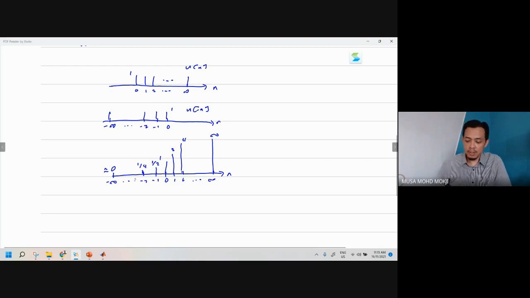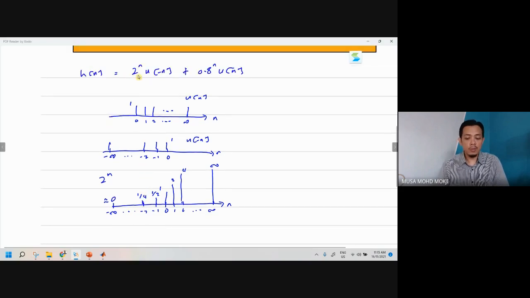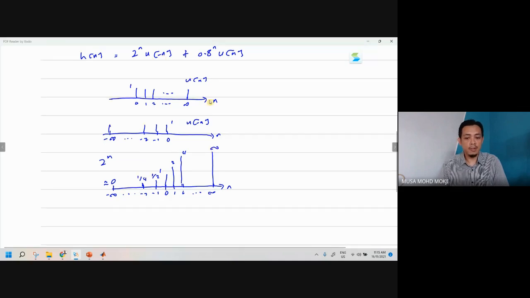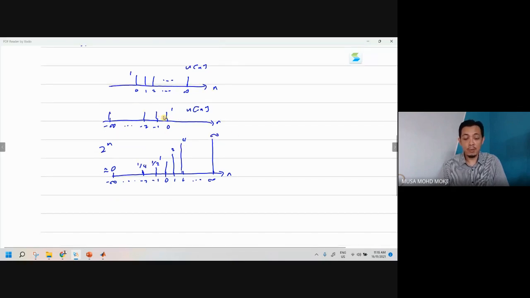So this is actually 2 to the power of n. What we have here is 2 to the power of n multiplied with u[-n]. So we multiply u[-n] with this signal. It means that all those values from n equals 1 up to infinity will be multiplied by 0, and the rest, from 0 down to minus infinity, will be multiplied with 1.